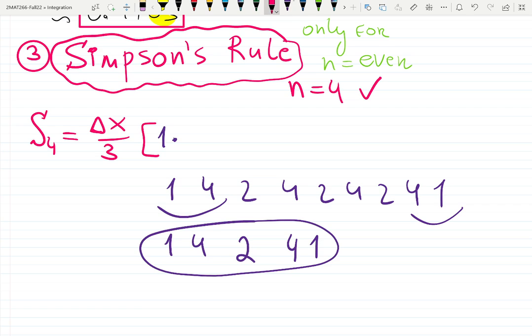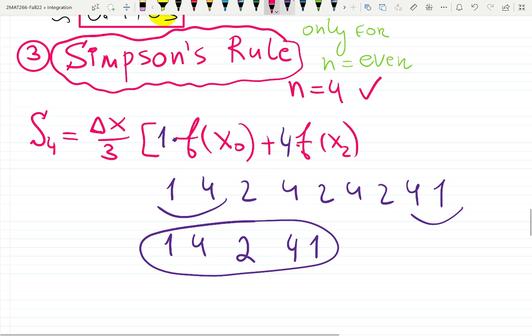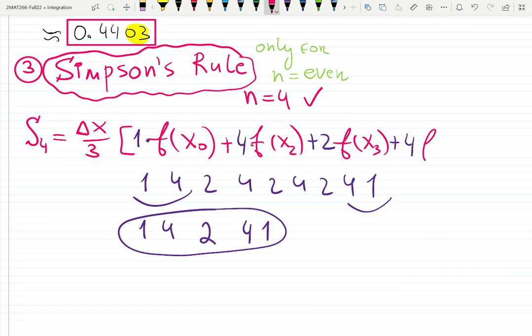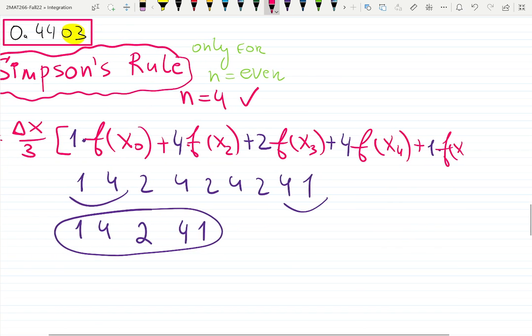1 times f of, and let's just put it right away, f of x1, right? Or if you want, let's be consistent. Formulas, let's be consistent. Plus 4 times f of x2 plus 2, that's the only one with 2, f of x3, the middle one, plus 4 f of x sub 4 plus 1 f of x sub 0, 1.